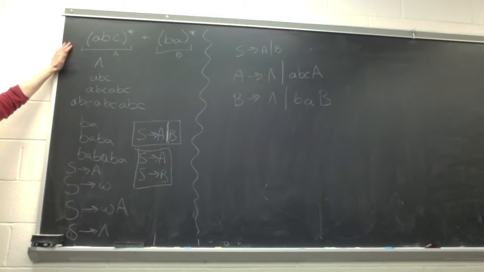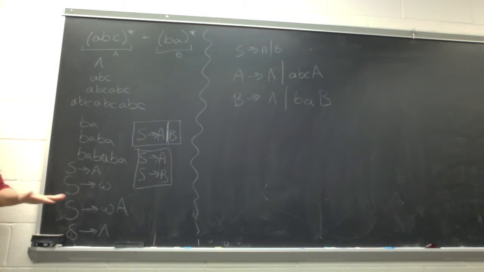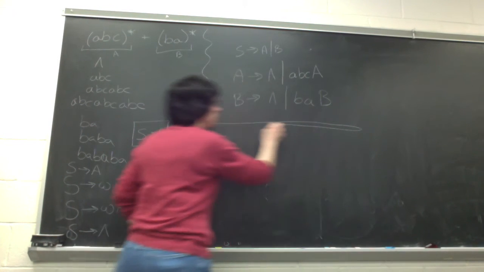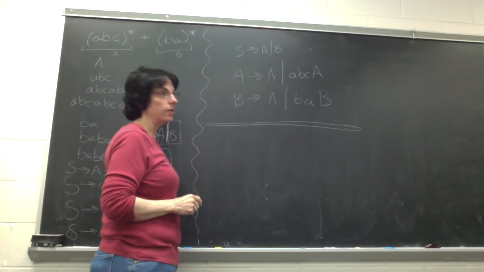Okay. Now, if I ask you for a context-free grammar for this language, well, one thing I can do is say, poof, you're a context-free grammar. All regular grammars are context-free, not the other way around. The context-free grammars just allow more complicated things. Where context-free grammars get tricky is when you have an expression that's not a regular expression.